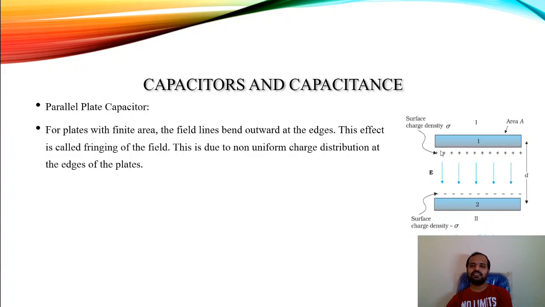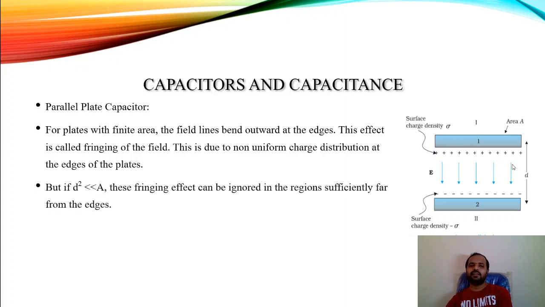In such a case, the electric field lines usually bend outward at the edges, that is, they will not be linear. The charges accumulate more at the edges, and hence the charge distribution is not uniform.